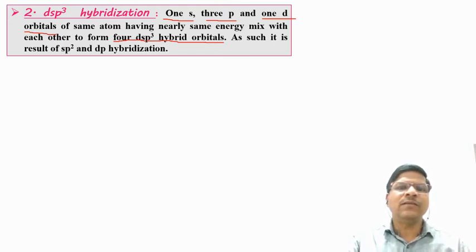If you see, this hybridization is as such the result of two types of hybridization, sp2 and dp hybridization. So you have to remember very well, here there are the two types of hybridization, sp2 and dp hybridization.